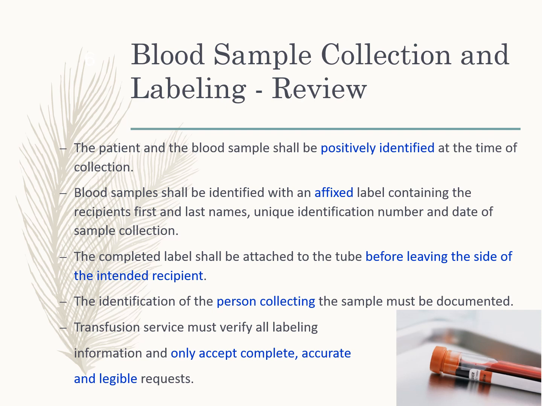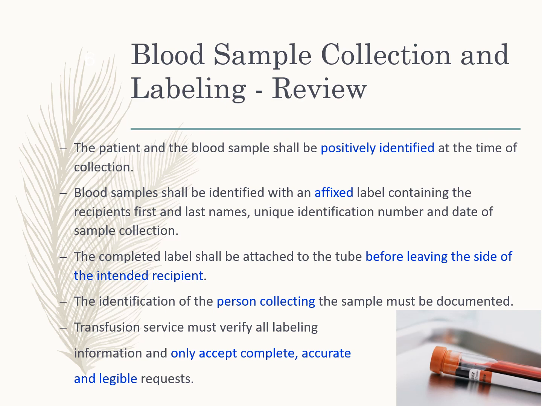For the collection itself, the patient must be positively identified. So each facility will have a different SOP for how to do this. Usually, the phlebotomist will walk into the room and ask the patient to state their name and date of birth, or name and some other identifier. The blood samples must have that information on the tube, and that tube needs to be labeled before they walk away from the patient.